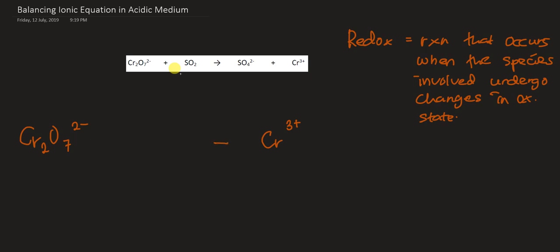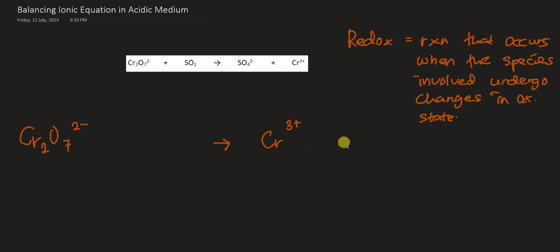Okay, so the first thing that we have to do is balance the atoms, apart from oxygen or hydrogen. In this case, we have chromium Cr2 on the left hand side, and we have chromium Cr3+, but we only have one of this on the right hand side. So we have to balance this.